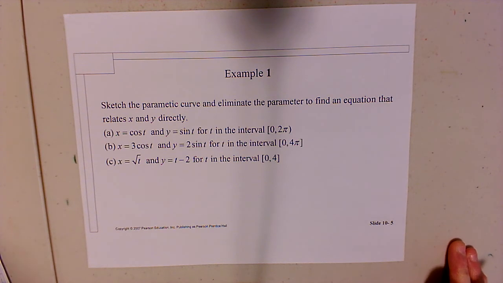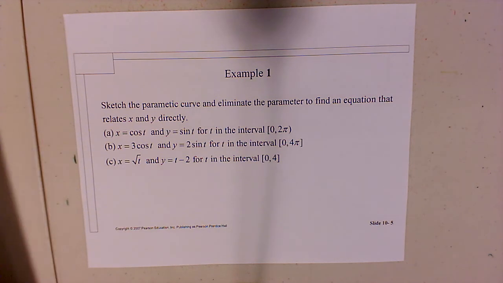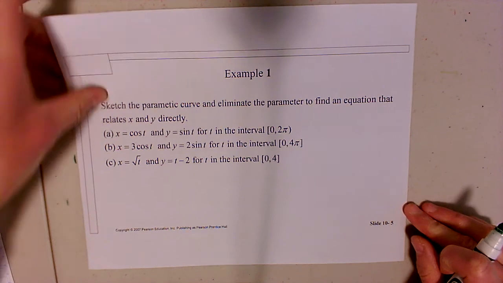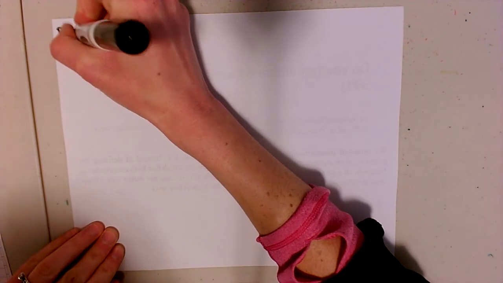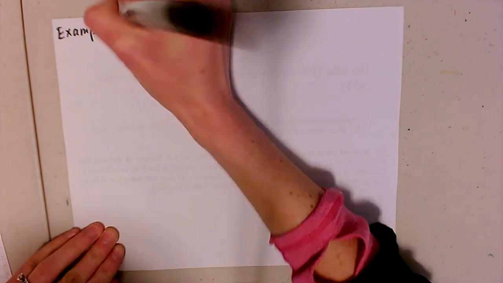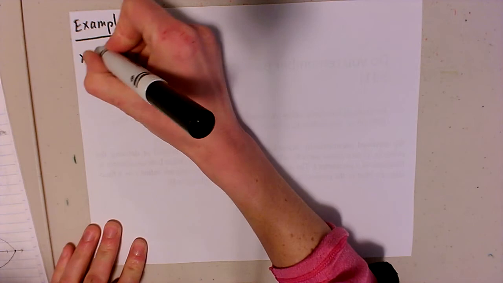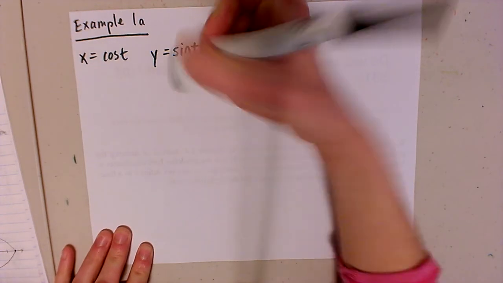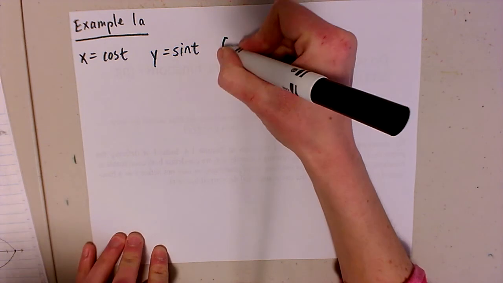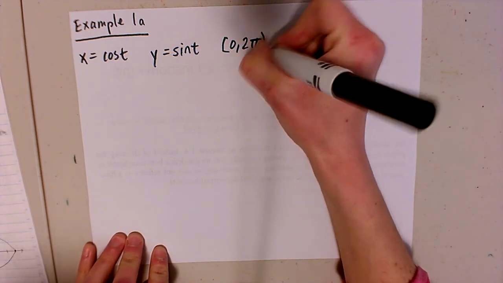For part A, x is cosine t and y is sine t over the interval from 0 to 2 pi.